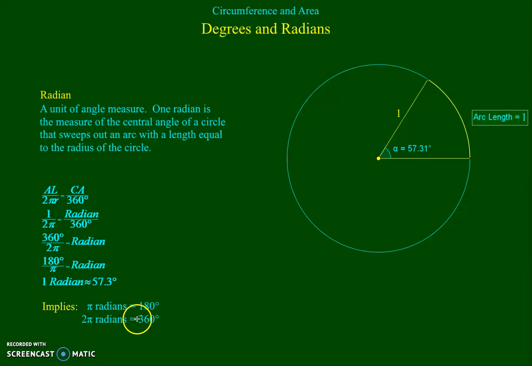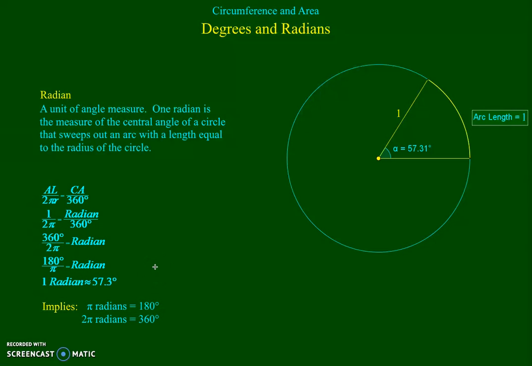Where we had 180 and 360, we have pi and 2 pi radians. So that's radian measure. Now, for the most part, we're still going to be continuing to use degree measure, but I wanted to make sure you understood the concept of radian measure, because you may hear it from time to time, and you will definitely use it as you go further on in your mathematical studies.